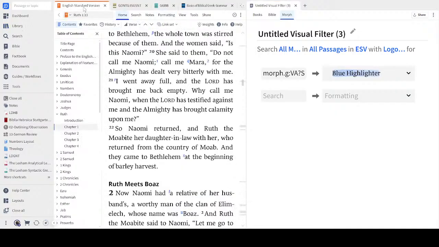So we're now here into, let's call this subjunctive. We'll call this the aorist subjunctive. VF stands for visual filter.